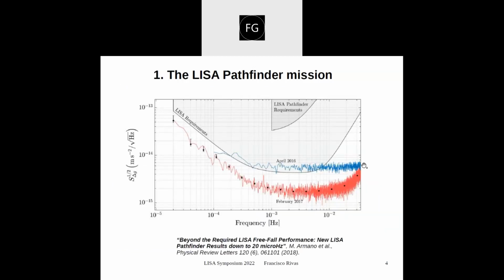In this slide, we can see the residual acceleration spectrum measured during the mission. Specifically, the best result, the red line, was obtained during February 2017.